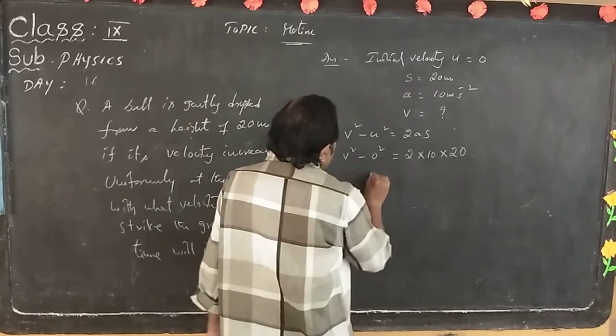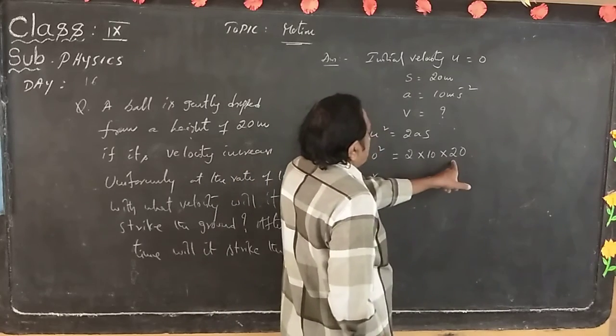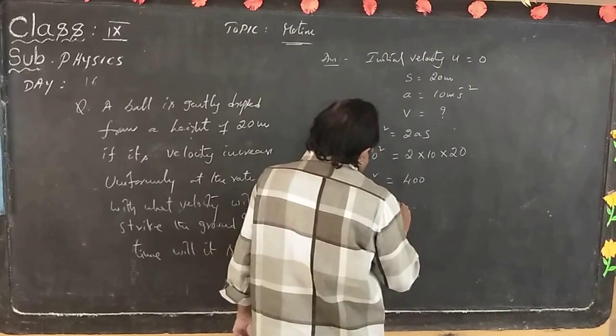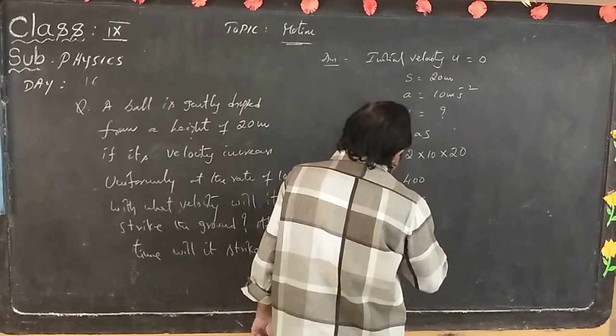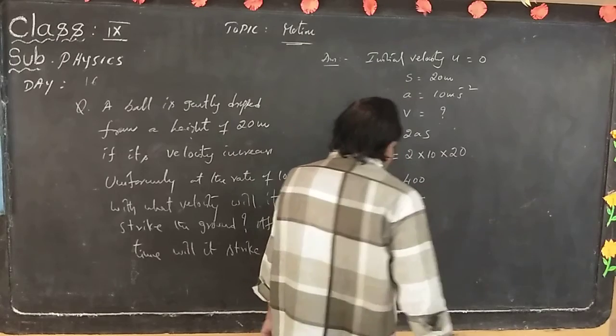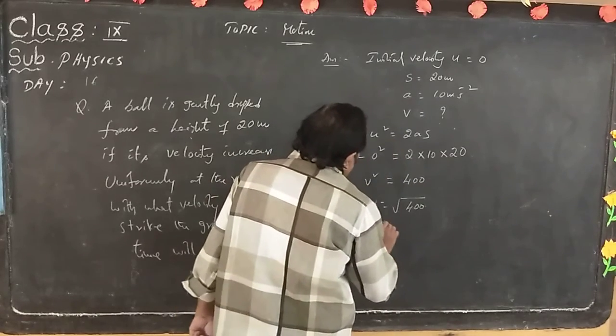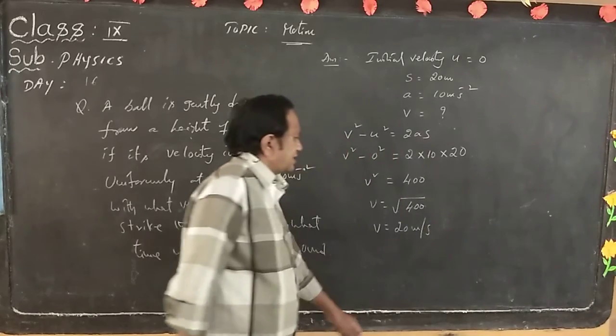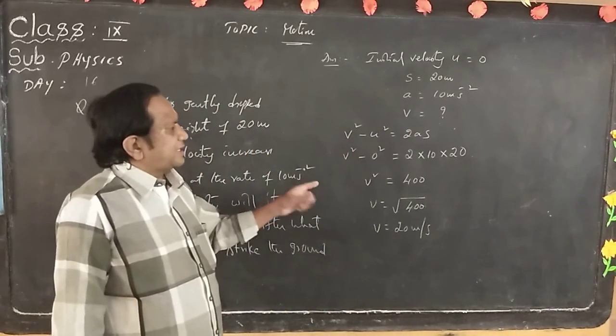So v square is equal to 400. Now v is equal to square root of 400. So v is equal to 20 meters per second. So its velocity will be 20 meters per second.